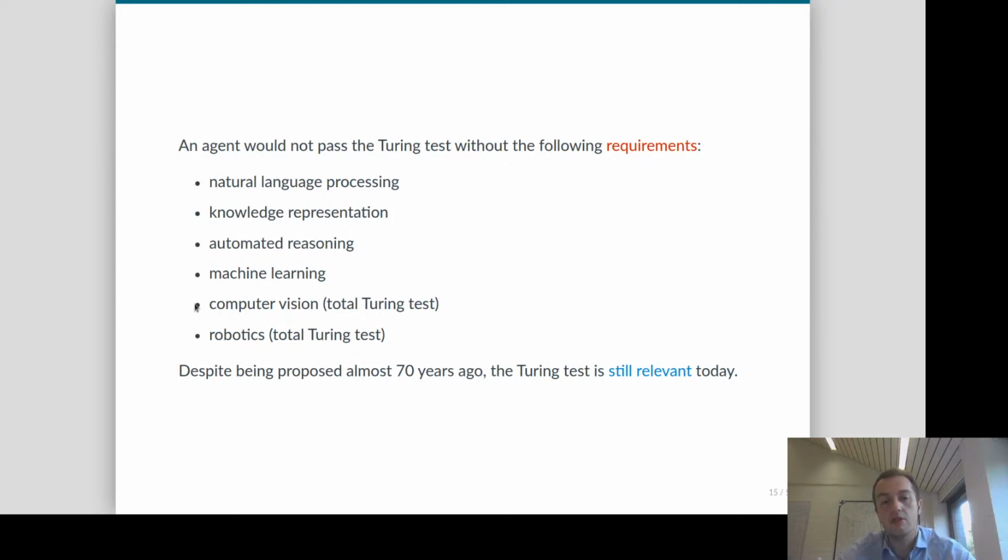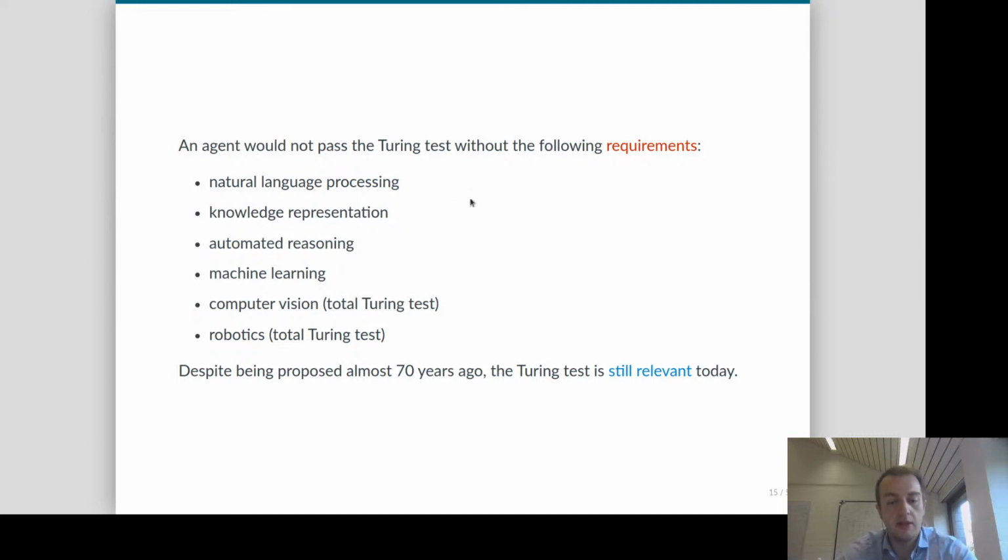The machine should then be able to perform this reasoning task in order to properly answer the questions, as we are all able to do as humans. It should also involve some bits of machine learning, because you could teach new facts to the machine when you discuss with it. And this is exactly what I'm doing today. I'm teaching you new concepts, and hopefully you will all be able to learn part of them. So that means in your brain you have some kind of mechanism that allows you to acquire new knowledge, to learn.